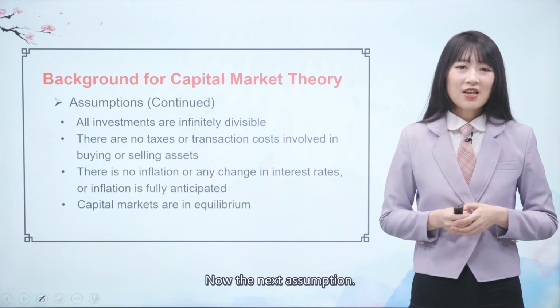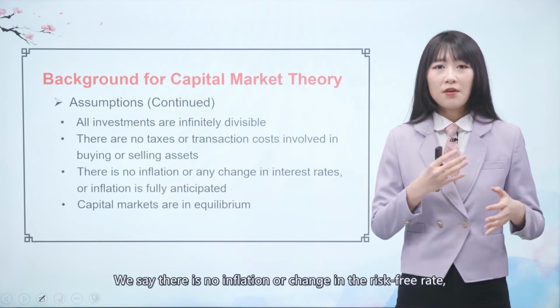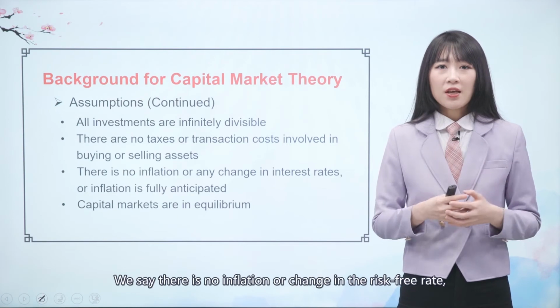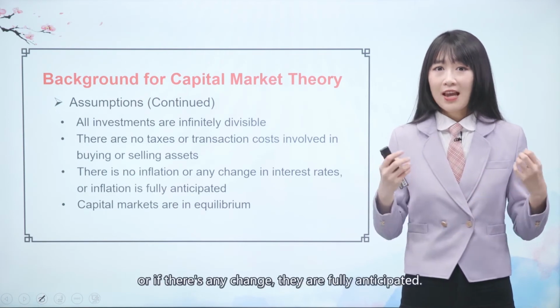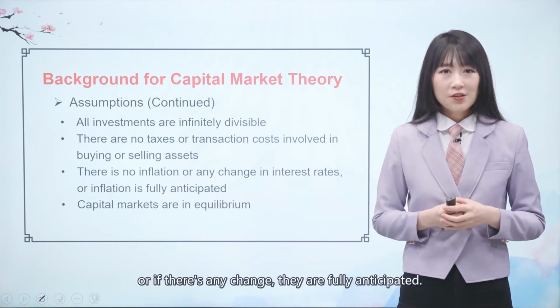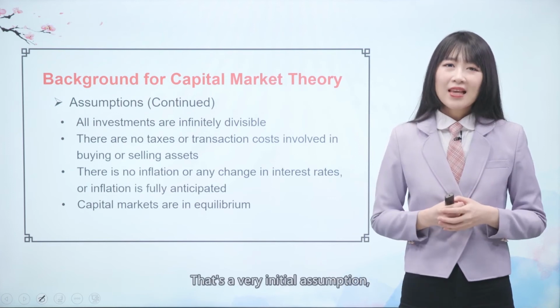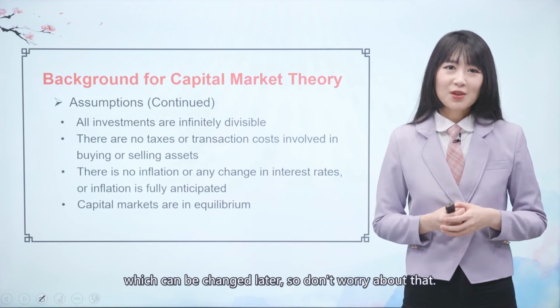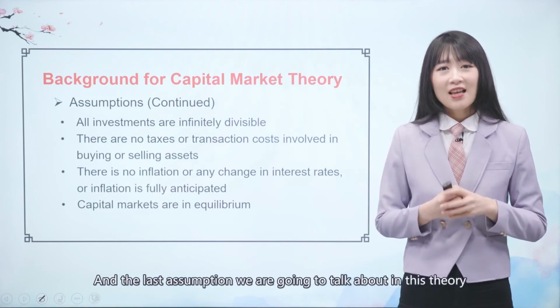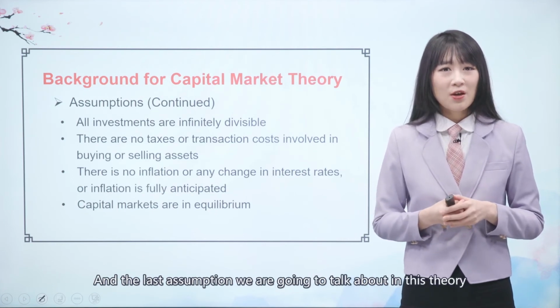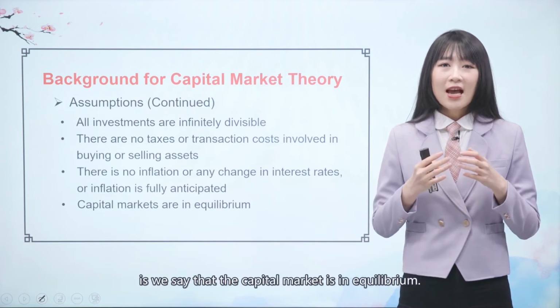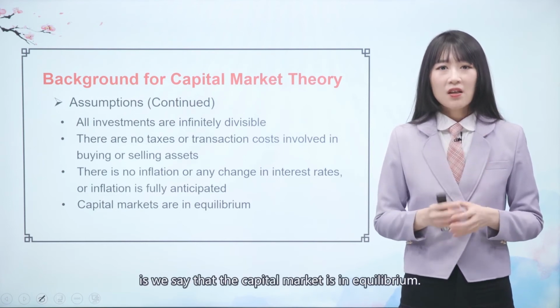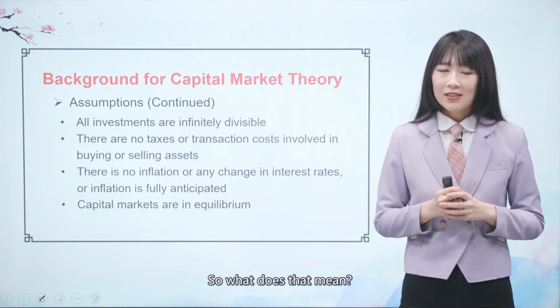Now, the next assumption. We say there is no inflation or change in the risk-free rate, or if there is any change, it is fully anticipated. That's a very initial assumption which can be changed later, so don't worry about that. The last assumption we are going to talk about in this series is that the capital market is in equilibrium. What does that mean?